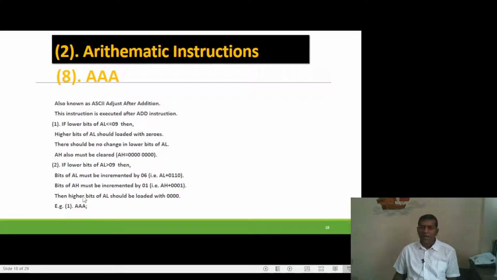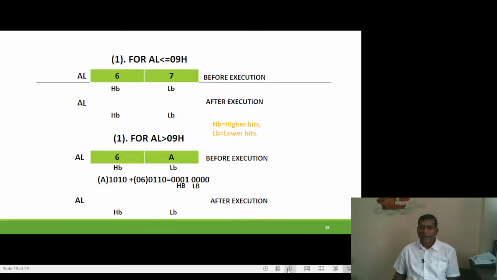Then the higher bits of AL should be loaded with 0H. This is what is carried out when the AAA instruction is executed. This is how it works. If AL is less than or equal to 09, then the result before execution will be 6 and 7 for the higher byte and lower byte, and after execution this is 0 and 7.